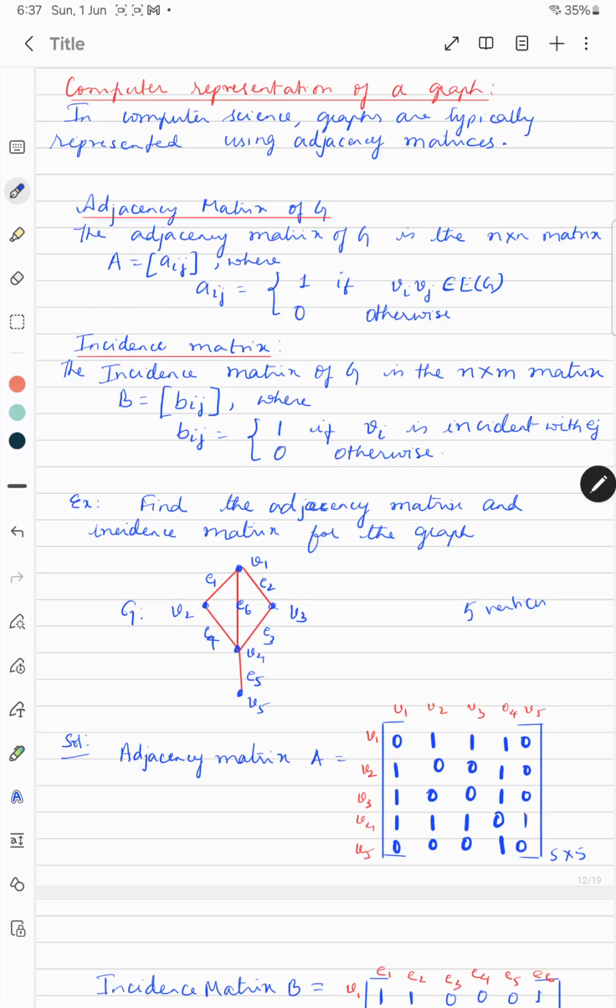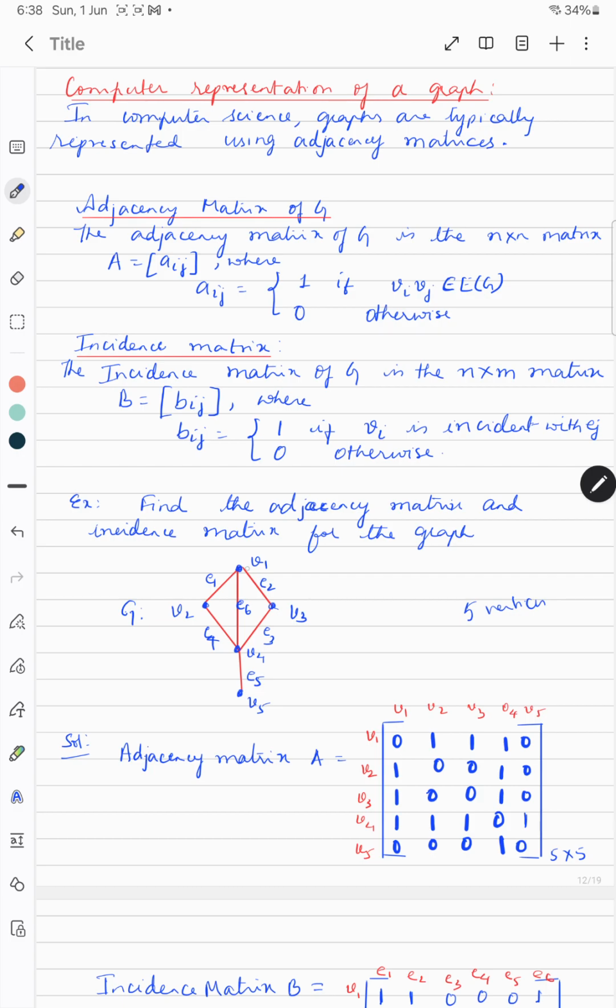Now in the graph, is there an edge connecting V1 and V1? That means there is no loop connecting V1 and V1, so it takes the value 0. Is there an edge V1, V2 in the graph? Yes, we have E1 connecting V1 and V2, so it takes the value 1.